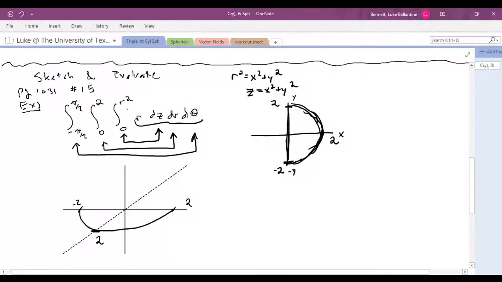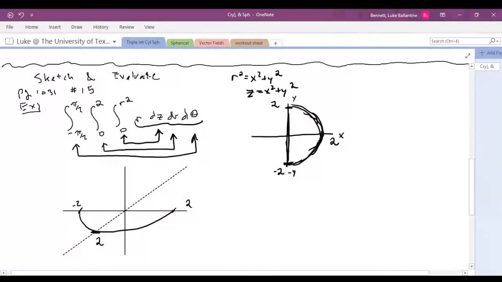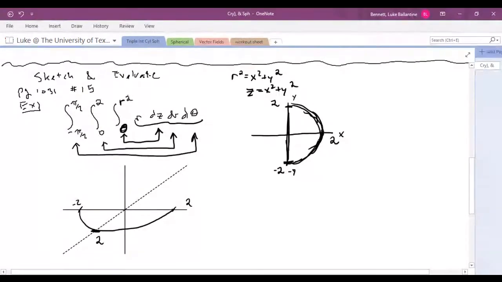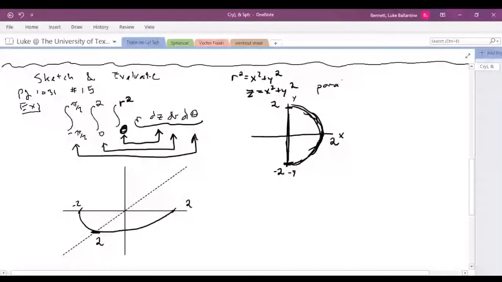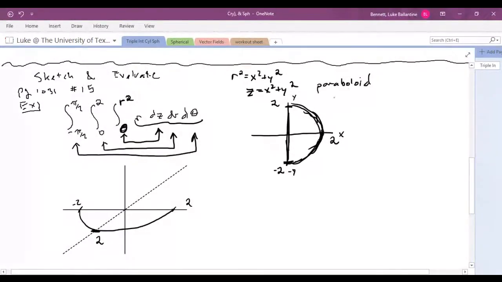And we're integrating from 0 to r squared. Remember, r squared is a paraboloid. How high does this paraboloid go?